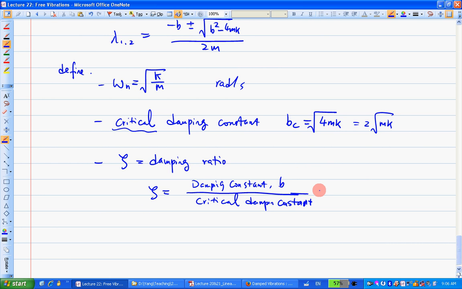So that's psi here. This damping constant is B, and the critical one is defined as this, 2 root mk. So that's the damping ratio.